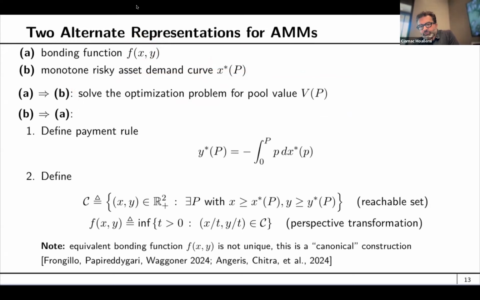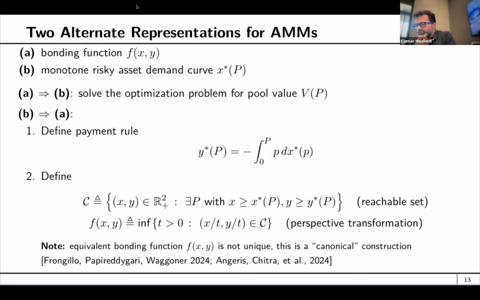It turns out the second direction is relatively straightforward as well, though more non-trivial. One thing I should comment is, in general, it's not an injective correspondence, it's surjective. What I mean by that is for every x star of p, there are many f of x,y's that would realize that x star of p.